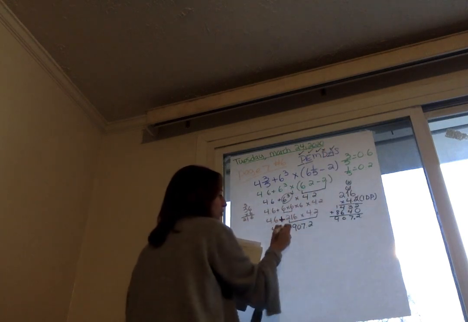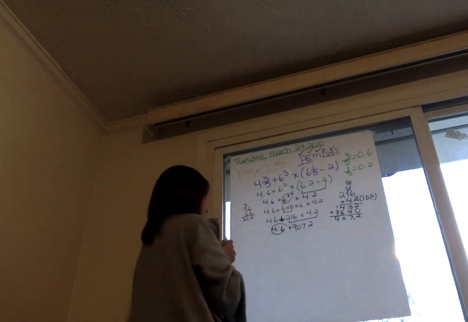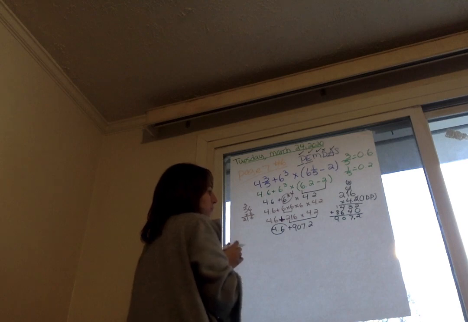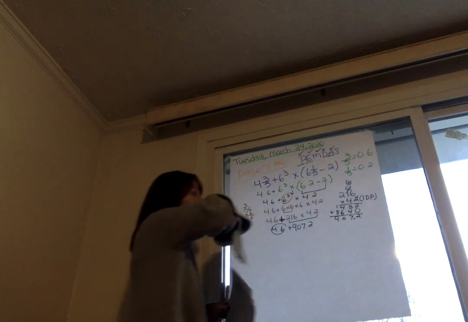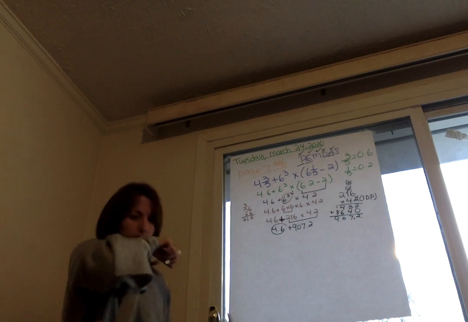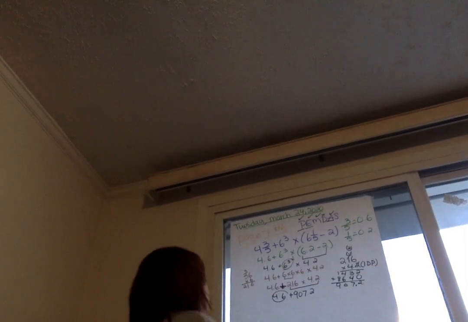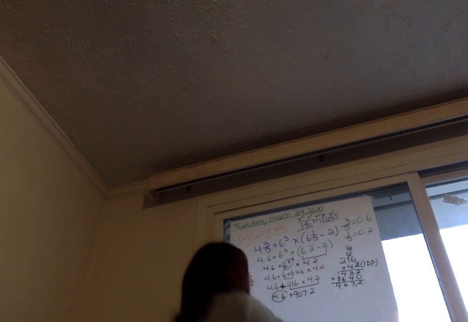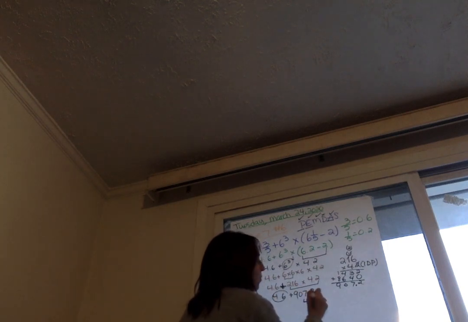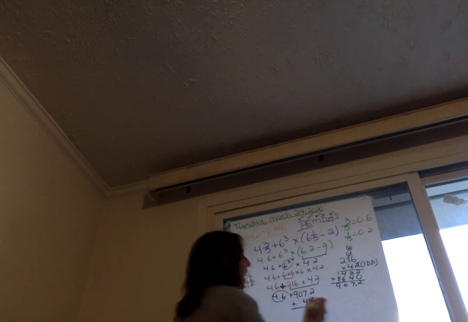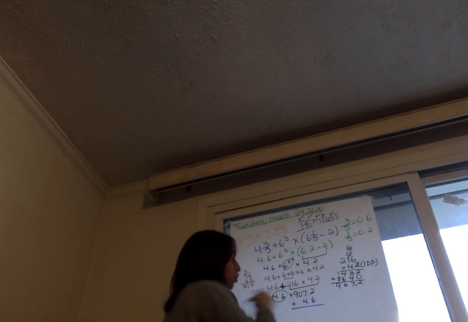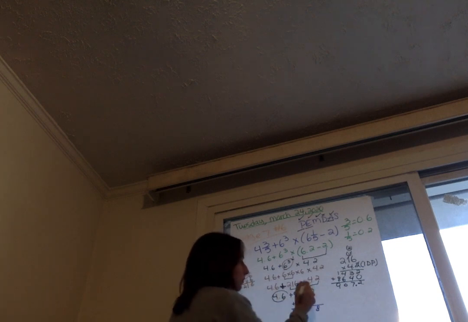Now, I'm going to take this 4.6 and line it up under the decimal where it belongs. So I'm going to line up the 4.6 and add: 2 plus 6 is 8. 7 plus 4 is 11. 1 plus 0 is 1.